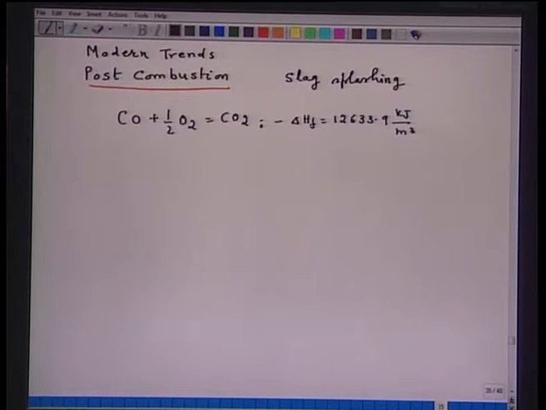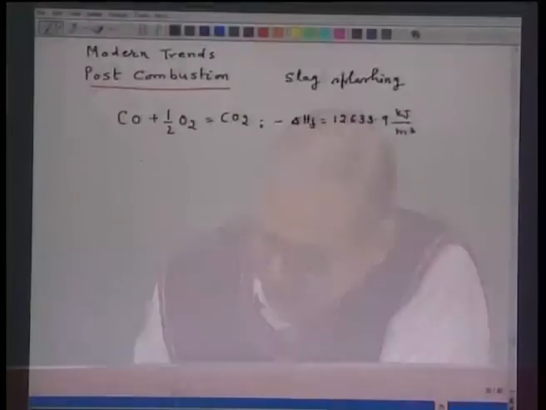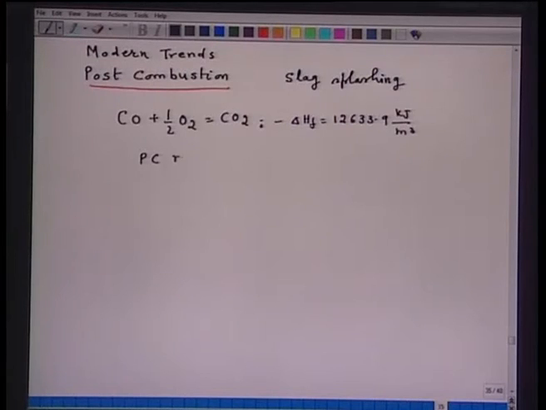Now, this combustion of carbon monoxide offers a potential source for energy saving in the top and bottom blowing converter technology. This post combustion has to be done inside the converter. The post combustion ratio can be defined as percentage CO2 upon percent CO plus percentage CO2.